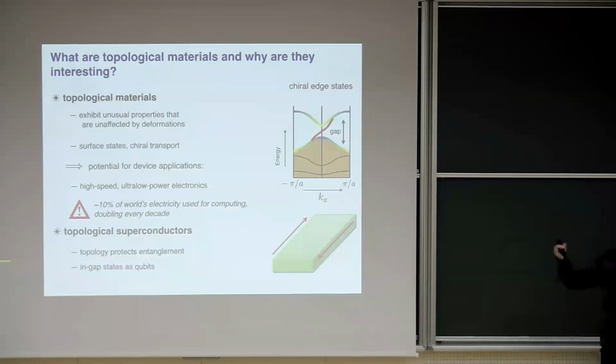So eventually, we're going to run into some problem when we use too much energy for these computing applications, and this could be one way to solve it by trying to find or develop new devices based on these topological materials.